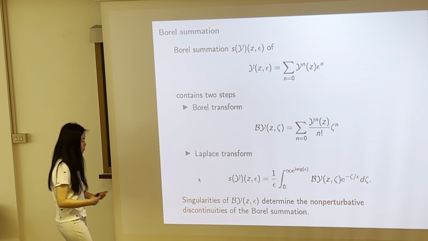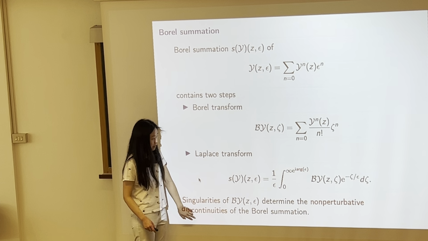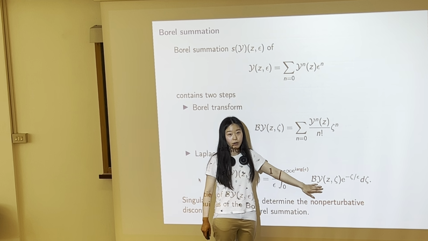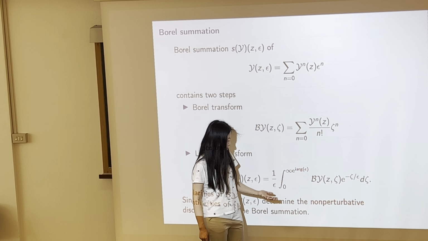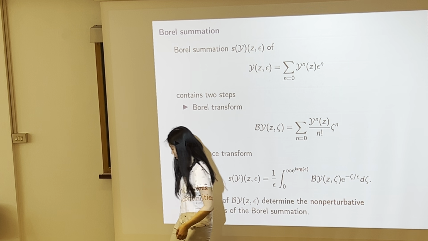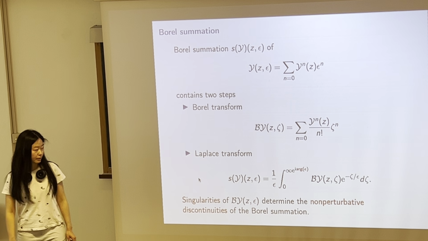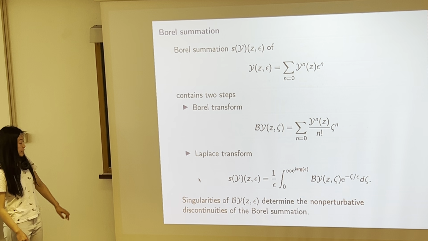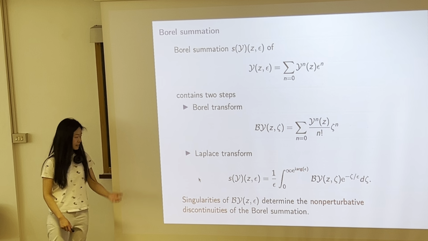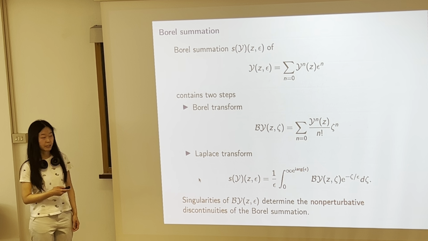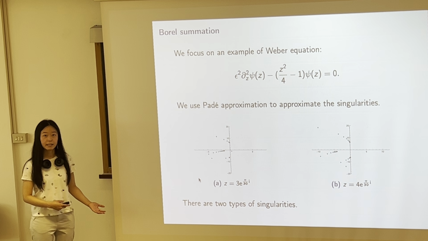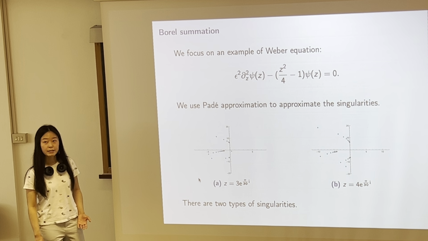And such a contribution as discontinuities is actually non-perturbative because, for example, if this thing has a pole, we will pick up a residue, which is given by e to the minus theta over epsilon, a non-perturbative effect in epsilon. So actually, the singularities and the discontinuities are going to be the main object I'm talking about in this part of the Borel summation.